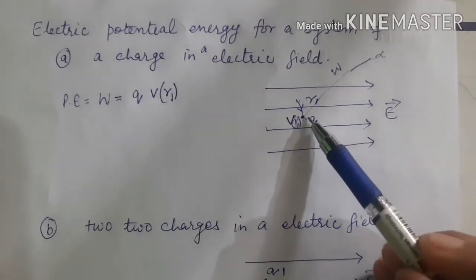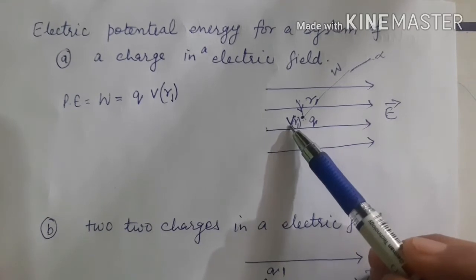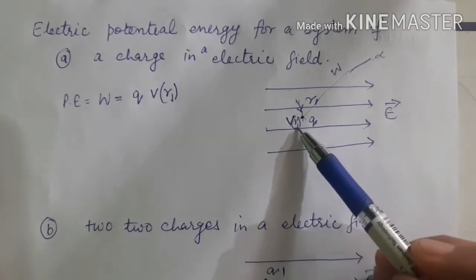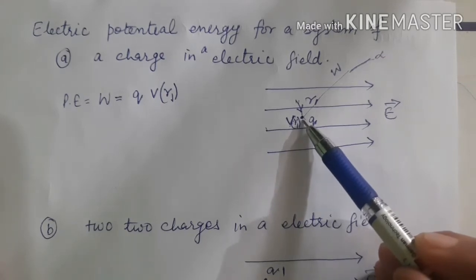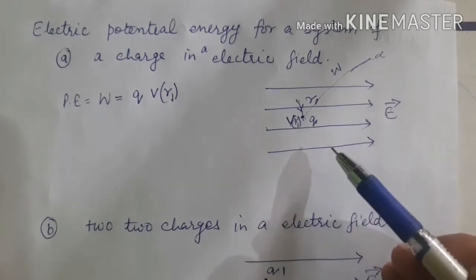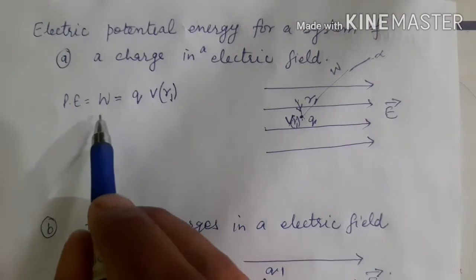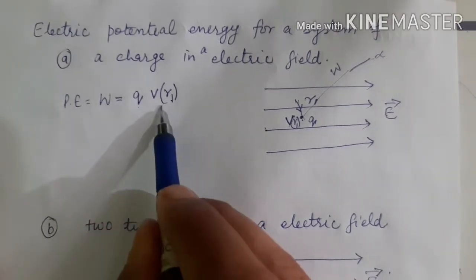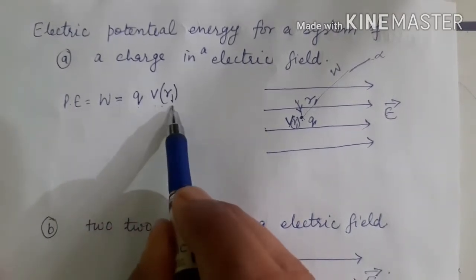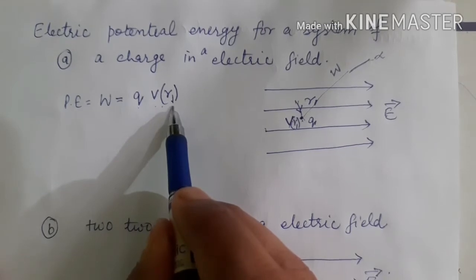Now let V be the potential at this point, or VR1 is the potential at this point. Then the potential energy, or the work done, is equal to Q multiplied by the potential at that point.